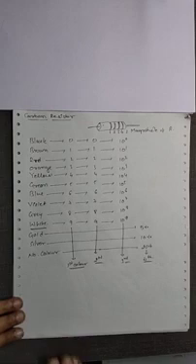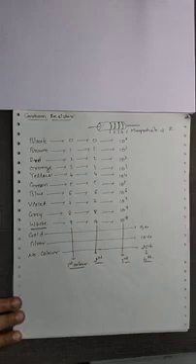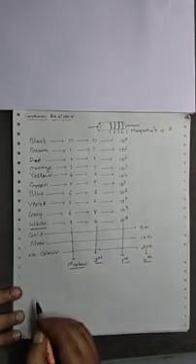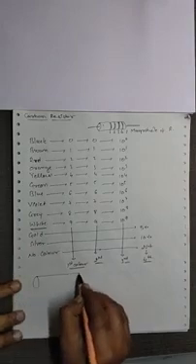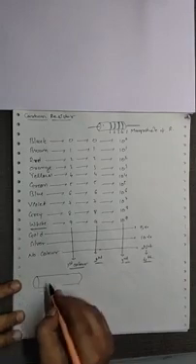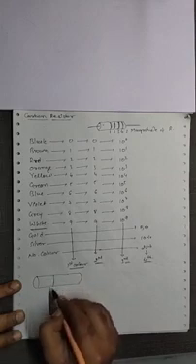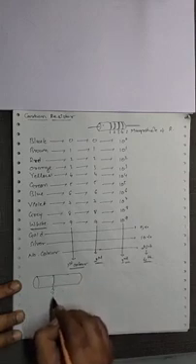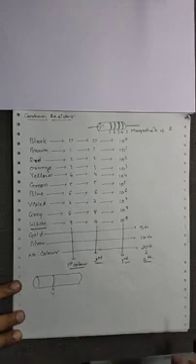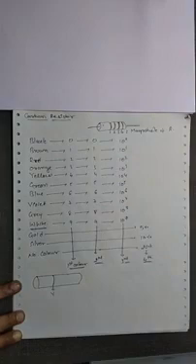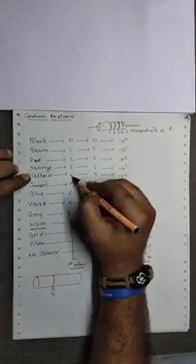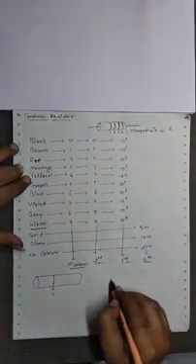Let us see. If the colors are orange, blue, yellow and gold, means in this type of resistor there are 4 colors. Suppose the first color is yellow. So in the first line you have to see where is yellow. Yellow is here. So take 4.